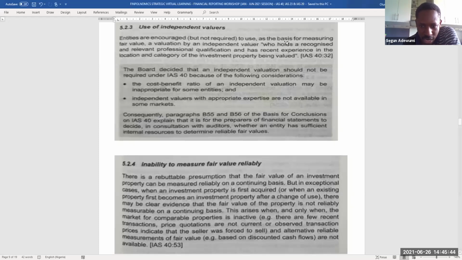This arises when and only when the market for comparable properties is inactive, e.g. there are few recent transactions, price quotations are not current or observed transaction prices indicate that the seller was forced to sell. And alternative reliable measurements of fair value, e.g. based on discounted cash flow, are not available.